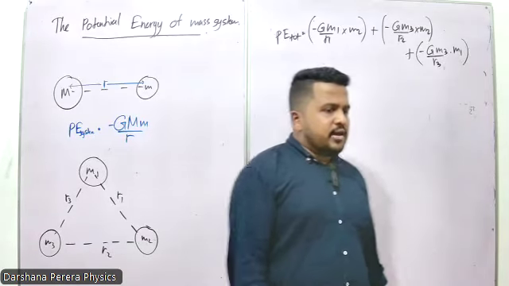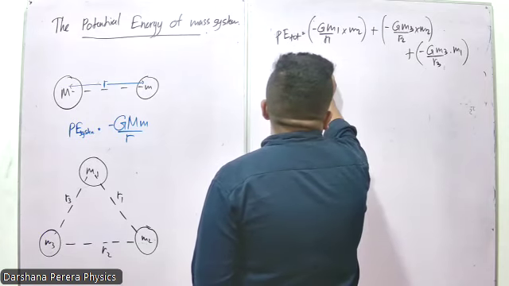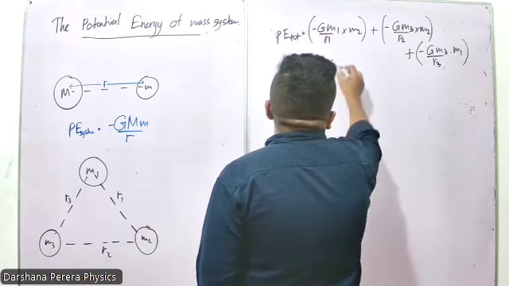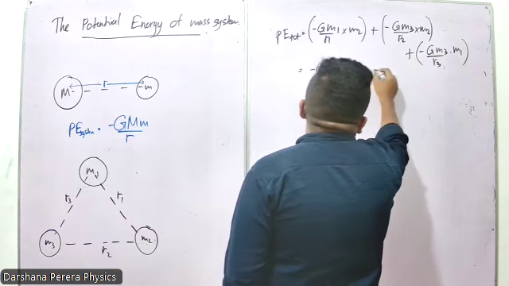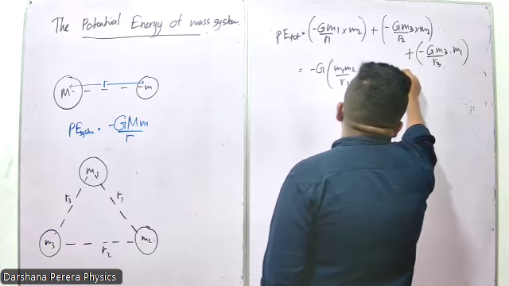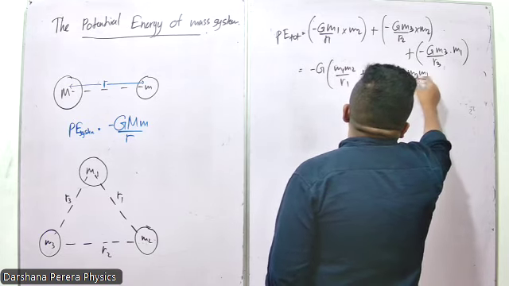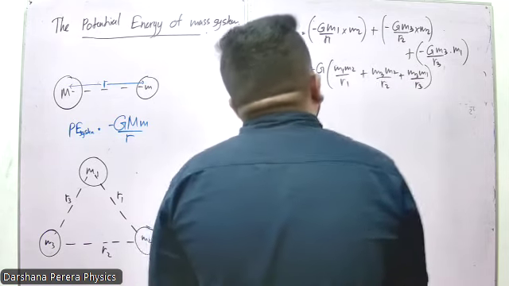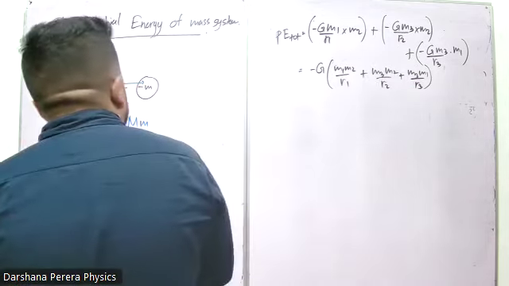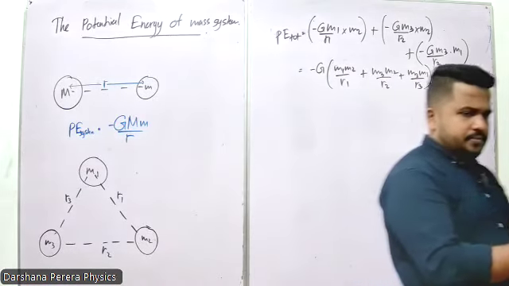Only these are the pairs. So I can take it as minus G M1 M2 over R1 plus M3 M2 over R2 plus M3 M1 over R3. Okay, this is the total potential energy, right?